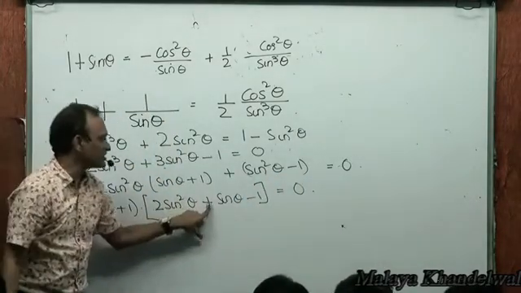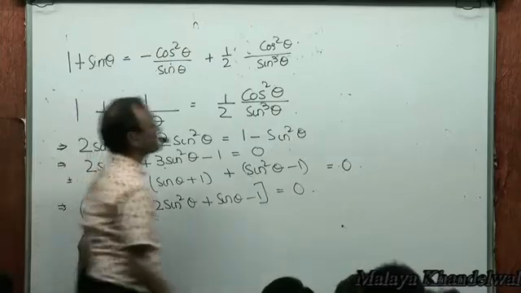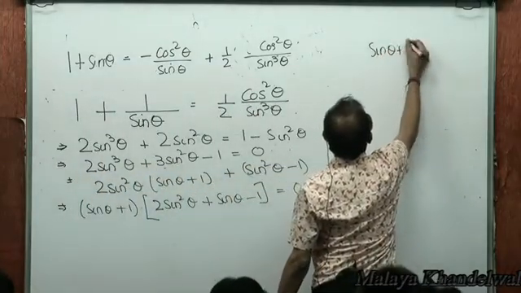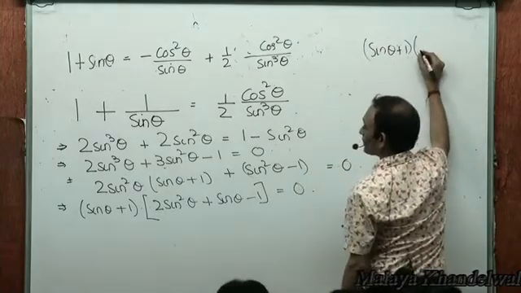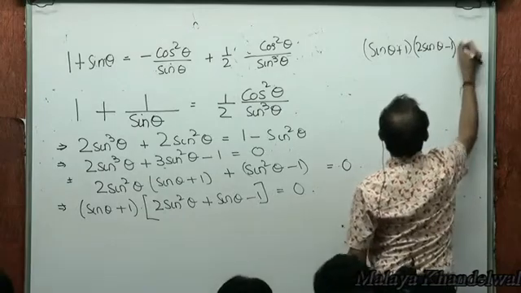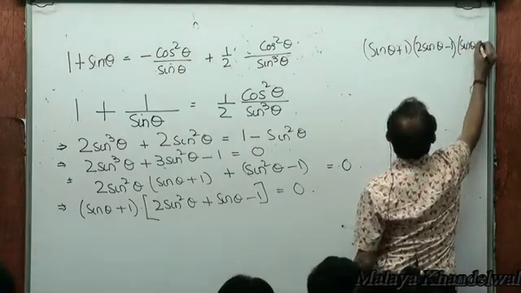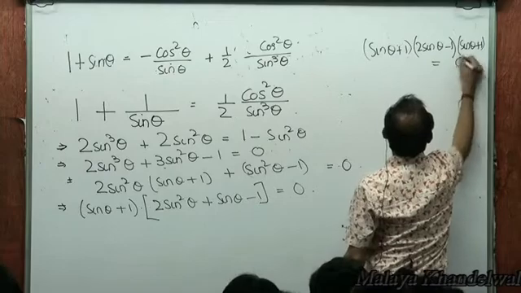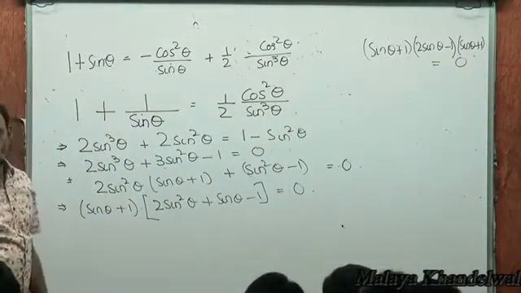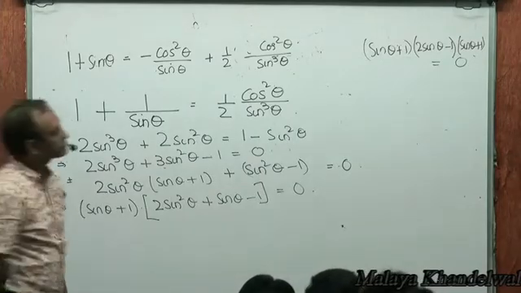This I can factorize, 1 plus 8, 9. So I can factorize this: sin theta plus 1 into 2 sin theta minus 1 into sin theta plus 1. Yes or no?